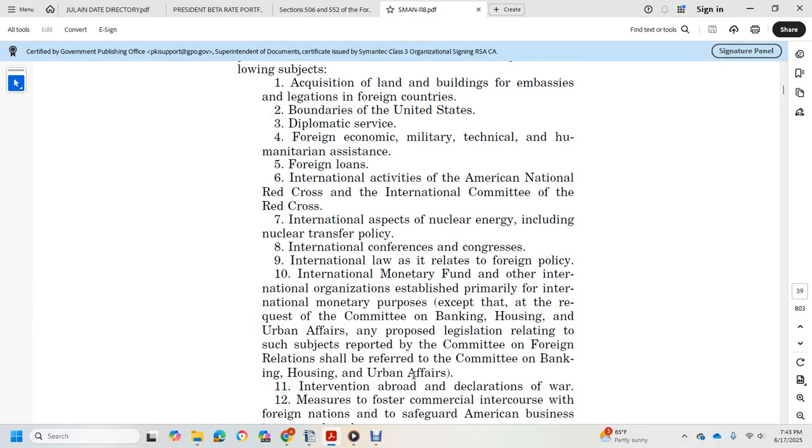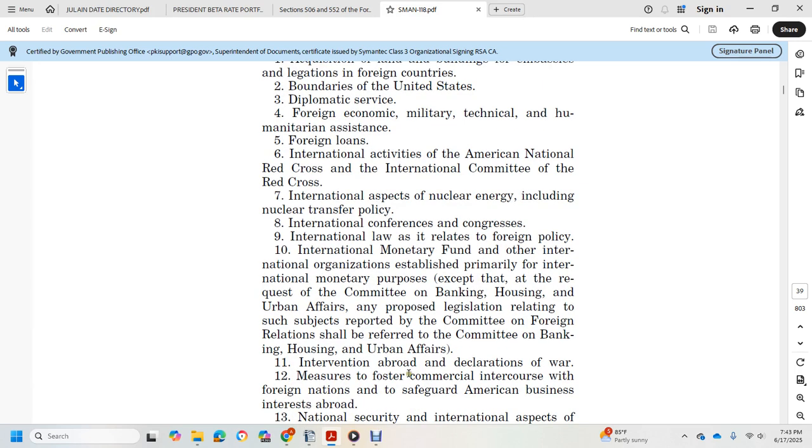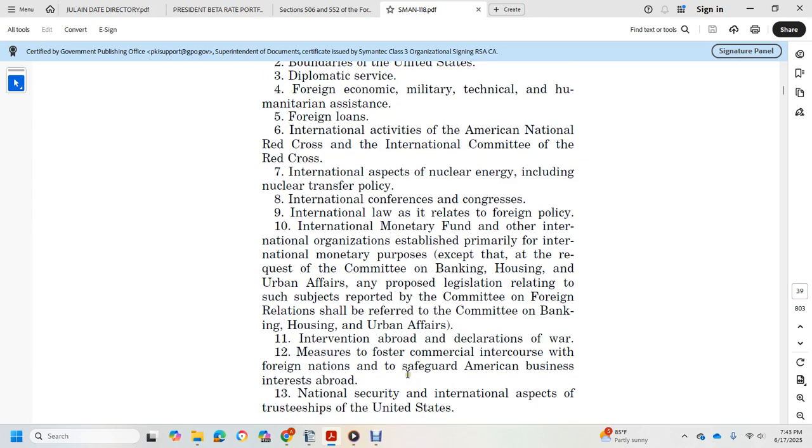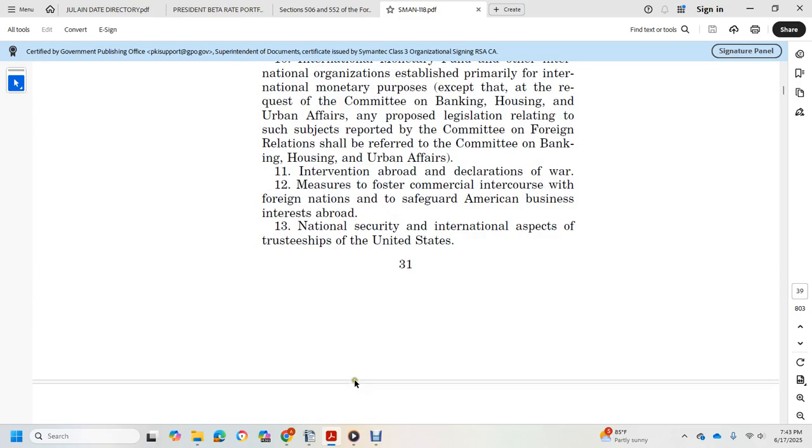Intervention abroad and declarations of war, measures to foster commercial intercourse with foreign nations and to safeguard American business interests abroad, national security, and international aspects of trusteeships of the United States.